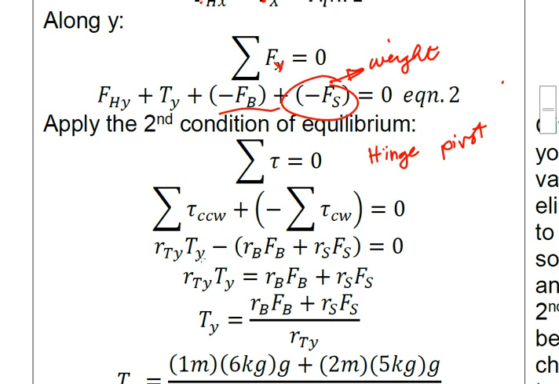So you have here the RTY. This one will cause a counterclockwise torque, and this should be positive. Then those that cause a clockwise torque are the weight of the beam and the weight of the signboard, so you have your Fs and Fb.